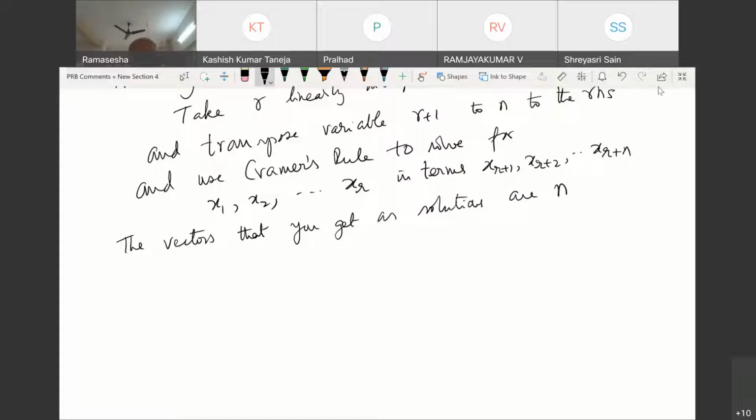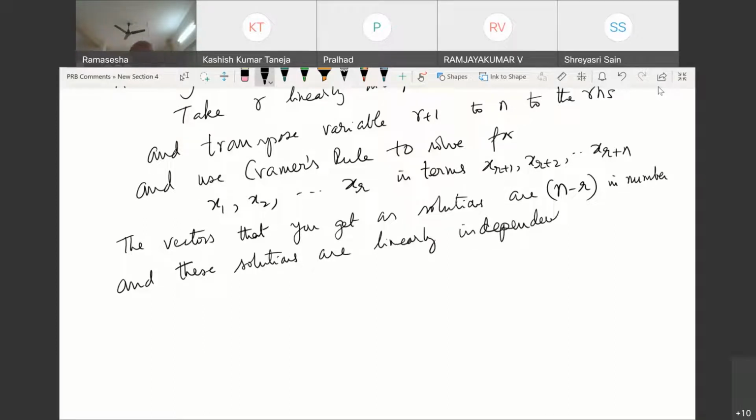Sorry, n minus r in number. Okay, and these solutions are linearly independent.